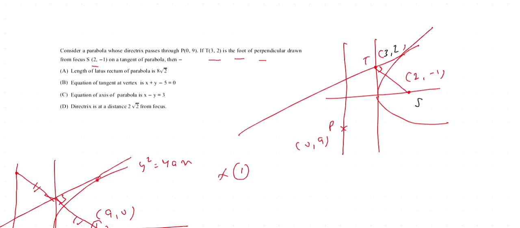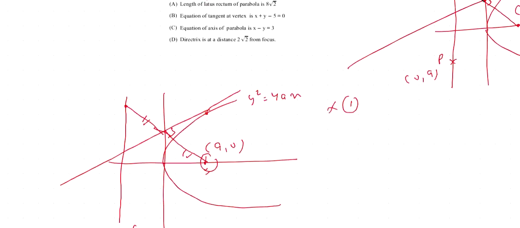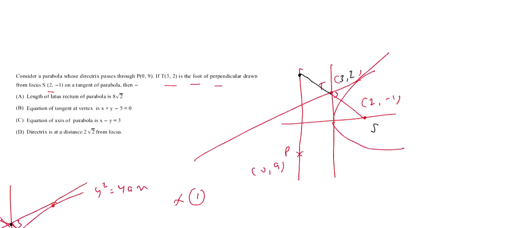So if this is the midpoint, in this diagram I mentioned earlier, this is the image of this point. It is a perpendicular distance, and the perpendicular is bisected at this point. So let us mark it as alpha h comma k. So we can say (h plus 2) divided by 2, and (k minus 1) divided by 2, equals 3 comma 2.